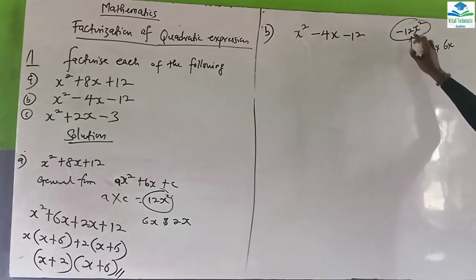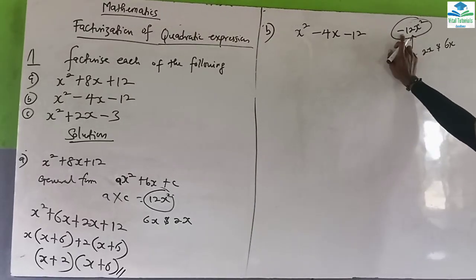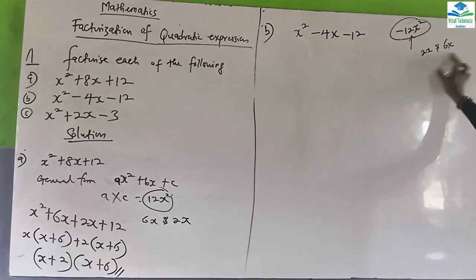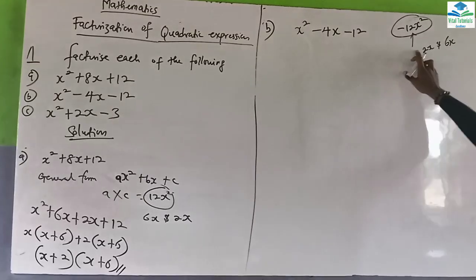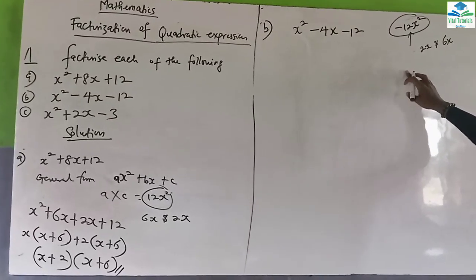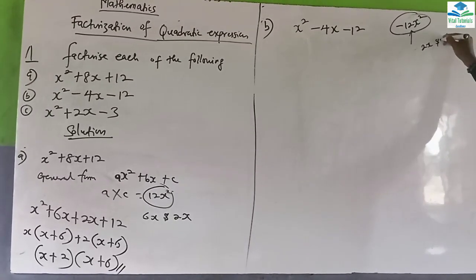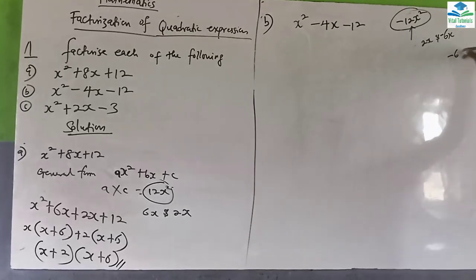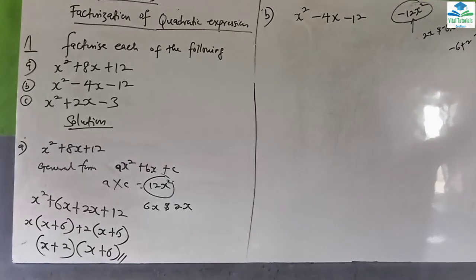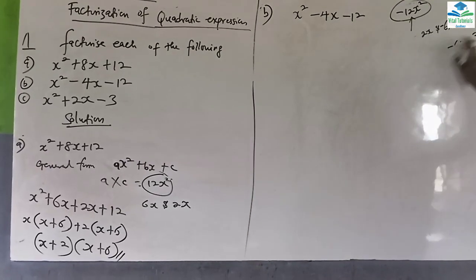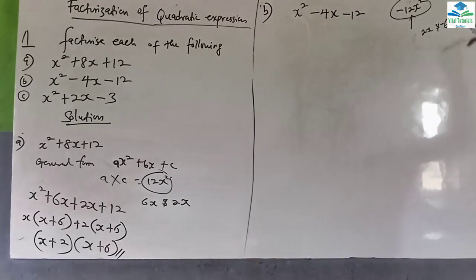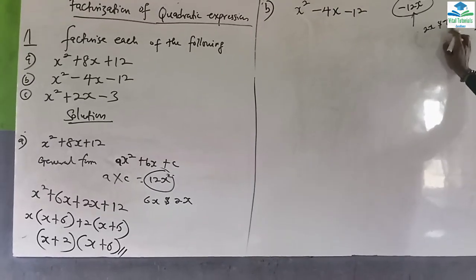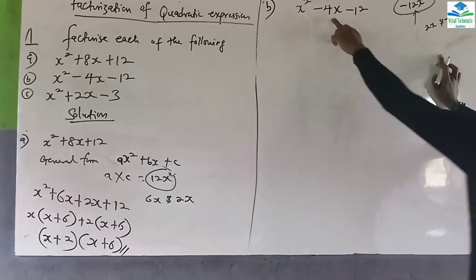Take note of the minus. Where do we put the minus? I think the minus should be here, because minus 6 plus 2 will give you minus 4. Yes. So the two numbers are 2x and minus 6x.